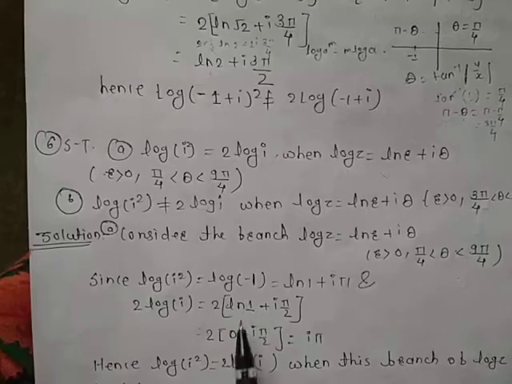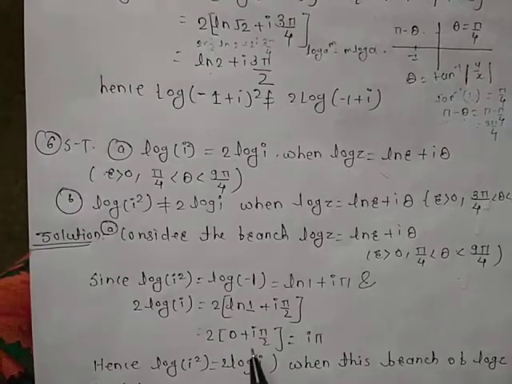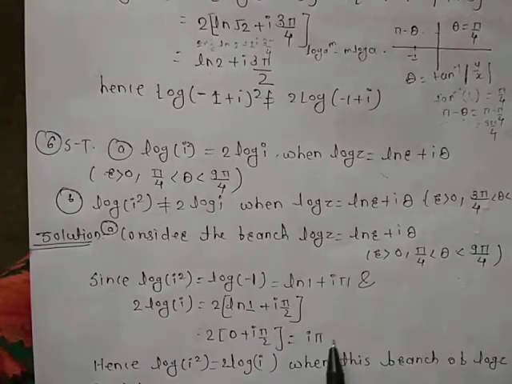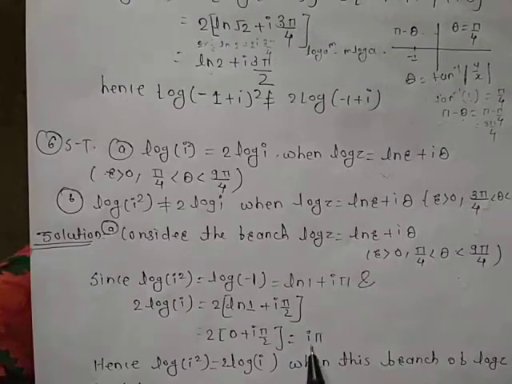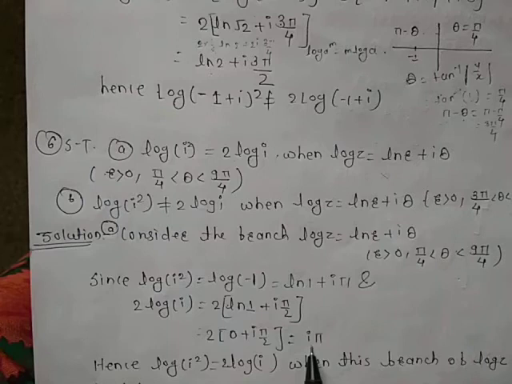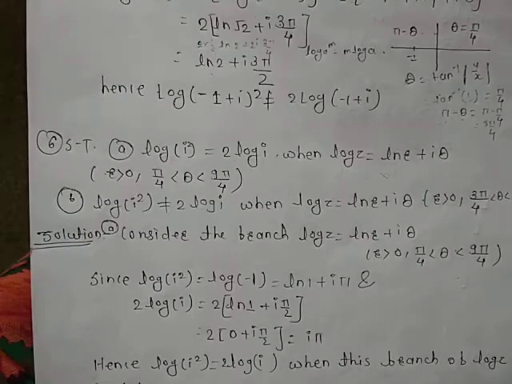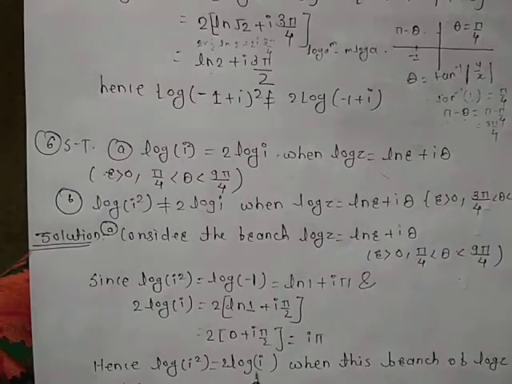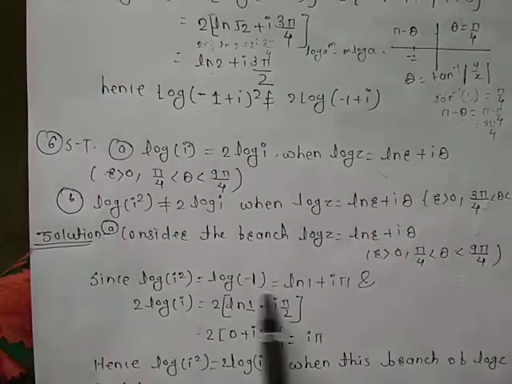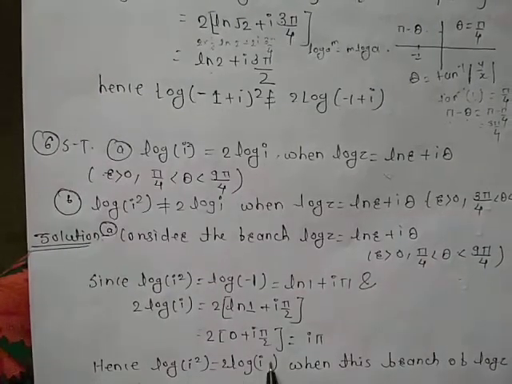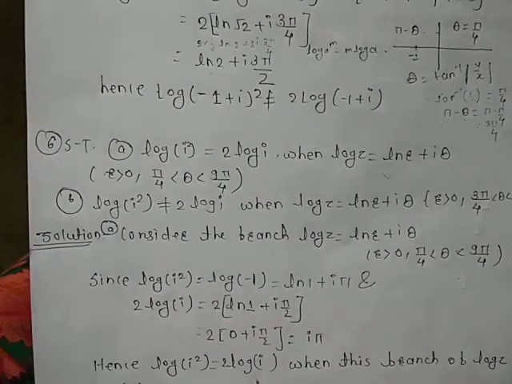We know that ln 1 is 0, so 2 into 0 plus i into pi by 2, which is equal to i pi. So here log of i square is equal to 2 into log i, because log of i square is i pi, and 2 into log i is also i pi.